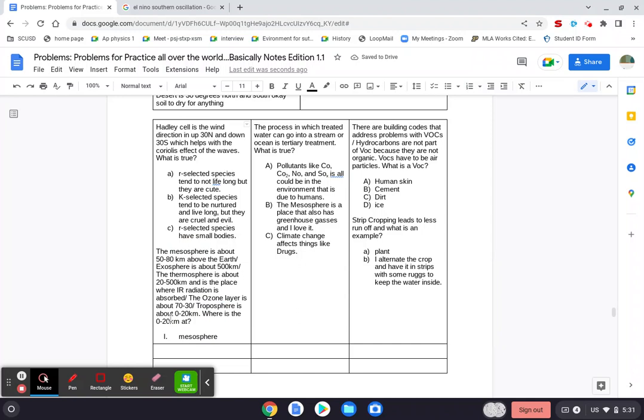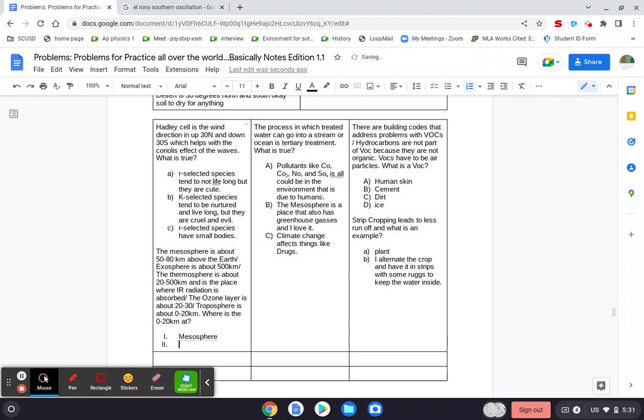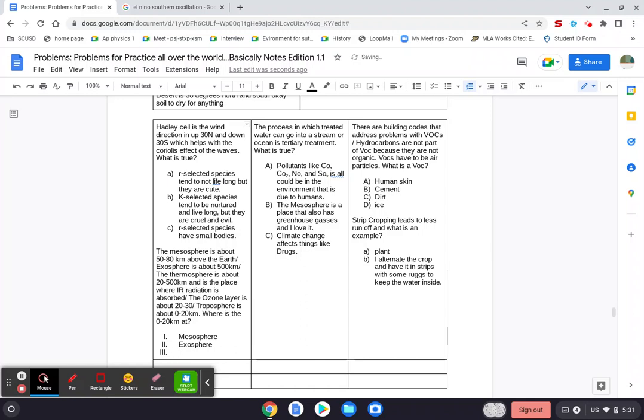Sorry, I can't do that because the ozone layer I got wrong. It's 20, dummy. Why did I put 70 there? Mesosphere, exosphere, and then finally the right answer, troposphere, and that's the answer.